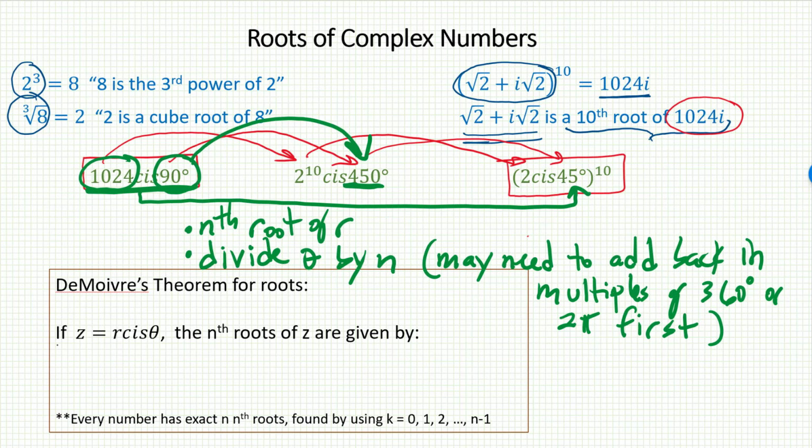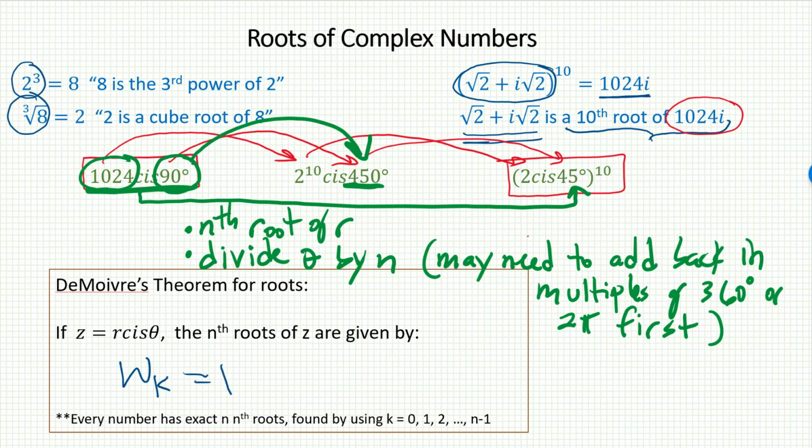If you have a complex number written in trig form, z equals r cis theta, and you would like to find an nth root of that number, you can use this formula. We'll use w to represent our root.